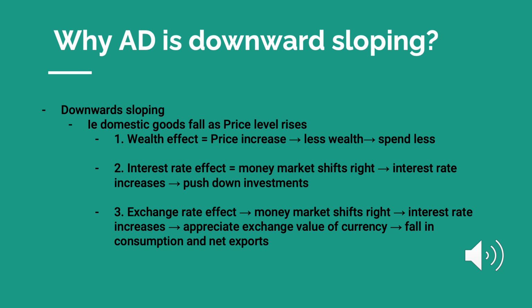Second is the interest rate effect: if the money market shifts right, there will be an increased demand for liquid money, which will increase interest rates and push down investments. And the third reason is that if the money market shifts right, interest rates will increase and it will appreciate the exchange value of currency, which will ultimately lead to a fall in consumption and net exports.